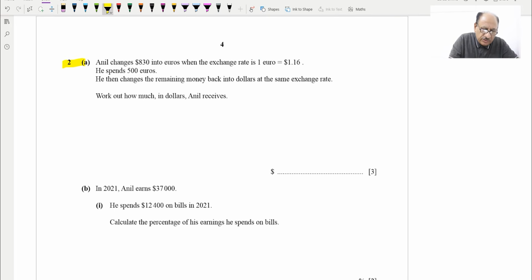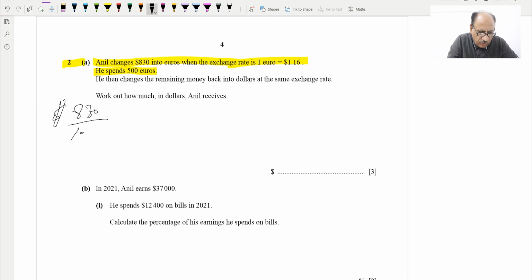Question 2a says Anil changes $830 into euros when the exchange rate is 1 euro to $1.16. Then he spent 500 euros. So first we will convert the $830 into euros.